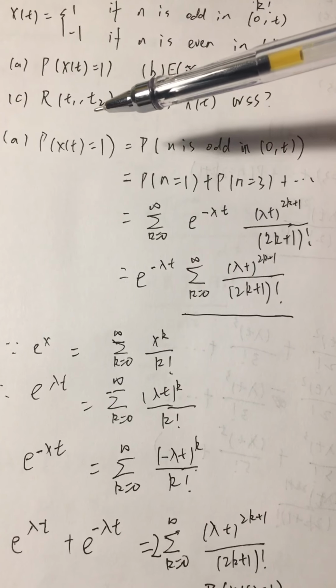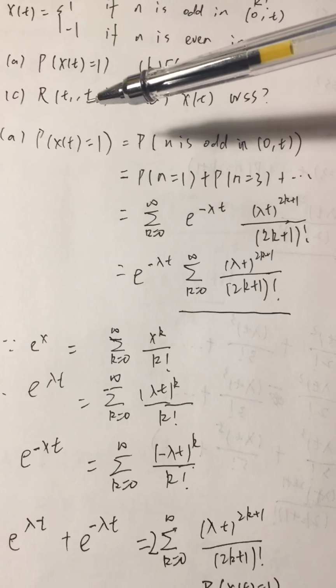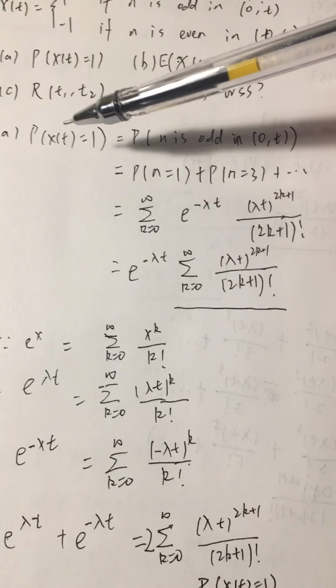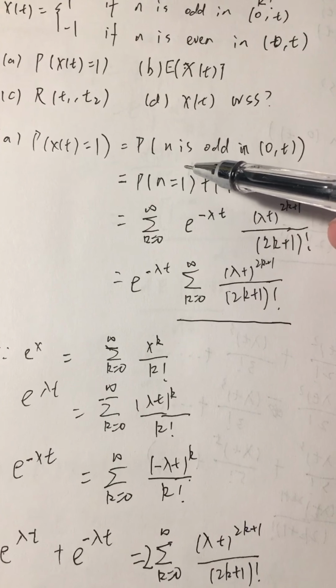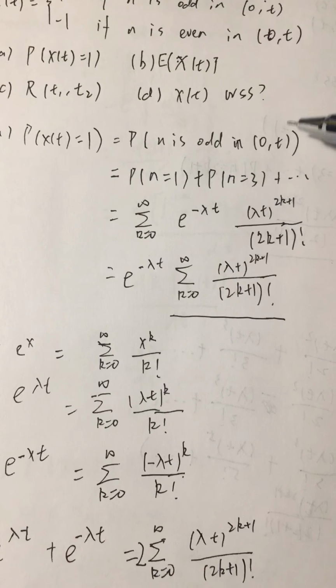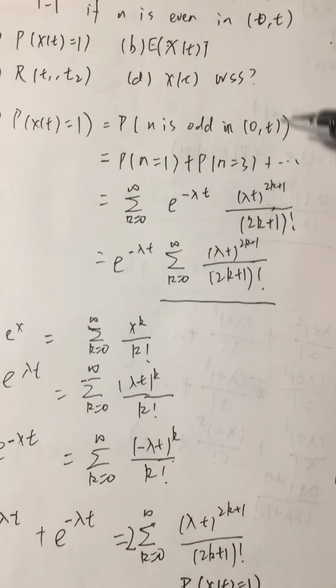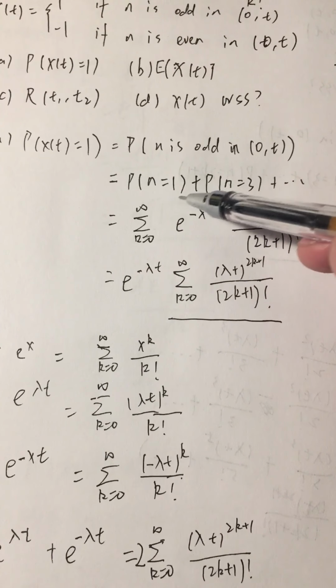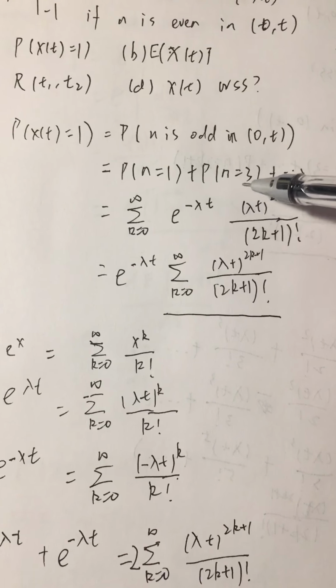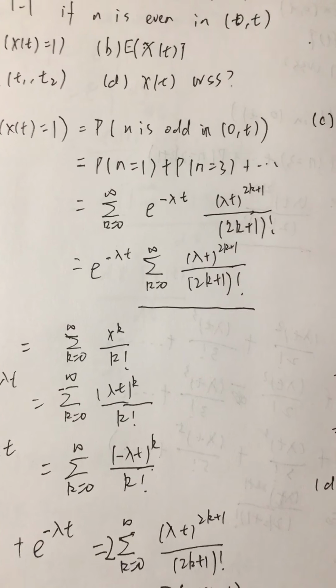For the first question, A, we want to find the probability of X(t) equals 1, which is the probability that N is an odd number in 0 to t. This equals the probability of N equals 1 plus the probability of N equals 3, and so on.